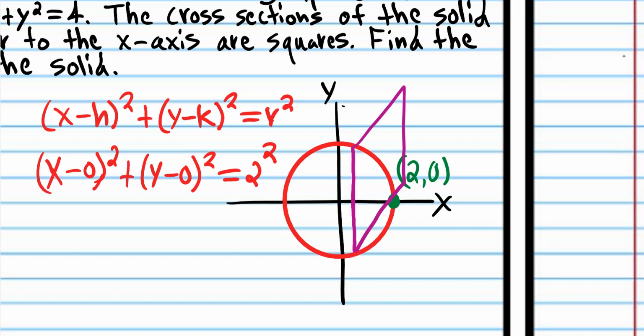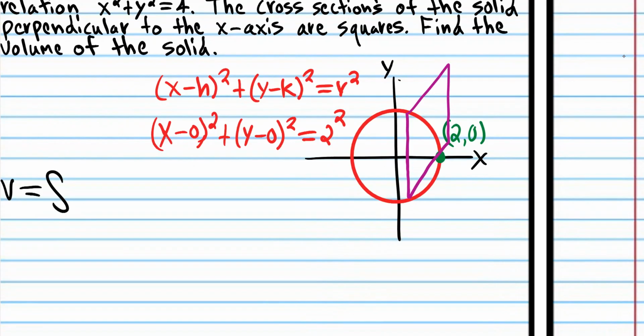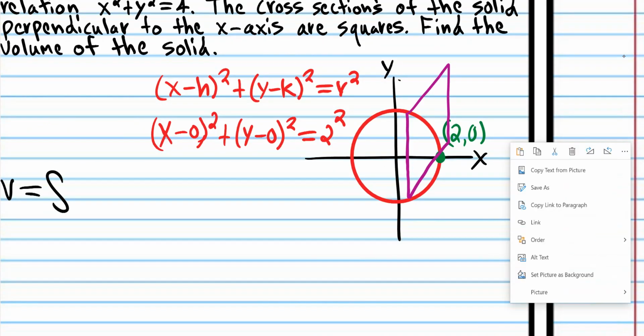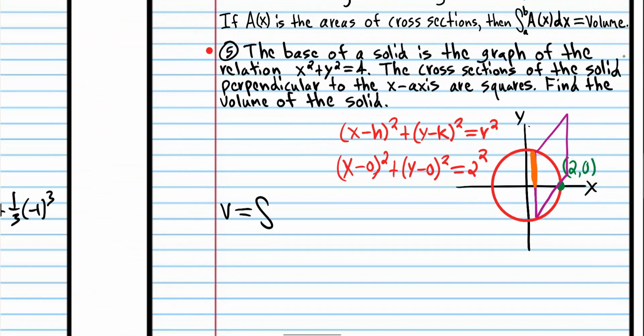Then we're going to find the area, and this length is the same as this length because it's a square, so we're going to multiply that expression by itself, and that'll be the area of each square. So again, this orange length is what we're looking for. In order to find that, we have to solve for y in this equation here. So y is equal to plus or minus the square root of 4 minus x squared.